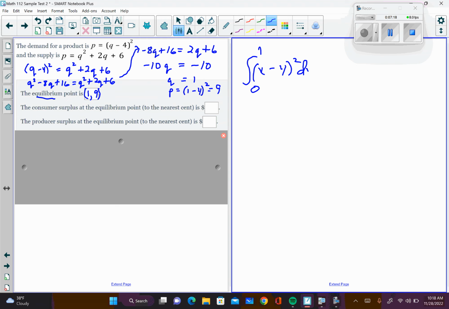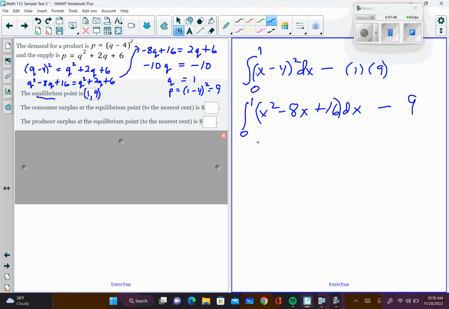So then I can put a dx here, and then it's minus the 1 times the 9, the product of those coordinates. Well, (x minus 4) squared, we figured it out over there, is x squared minus 8x plus 16. We're going to integrate that from 0 to 1. And don't forget dx. And after we get that value, we're going to subtract 1 times 9.